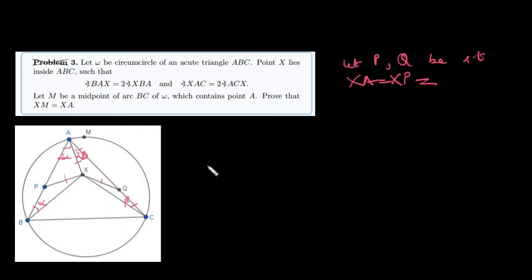We make 2 isosceles triangles here, and now we're going to investigate what happens to the angles. Obviously this angle here will also be 2 alpha. So angle XPA is 2 alpha, and also angle XQA is 2 beta.